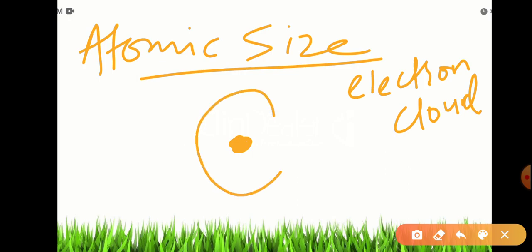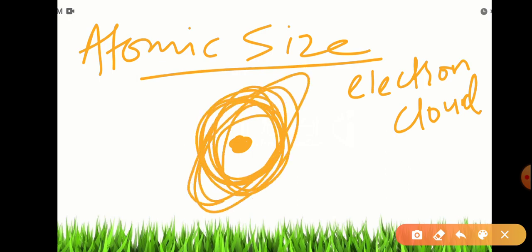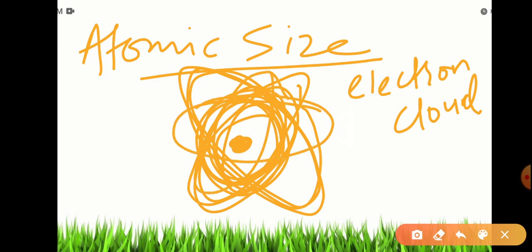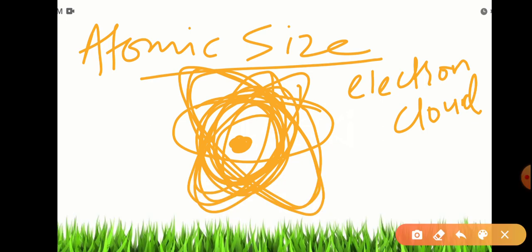The electrons are rotating around the nucleus, and they form a cloud over here. This is the electron cloud, and this is the last electron.